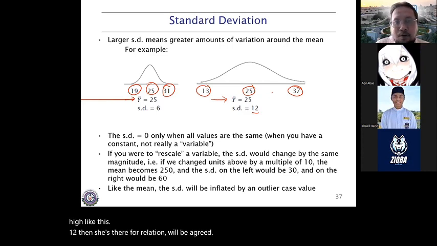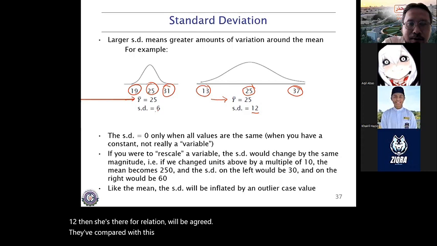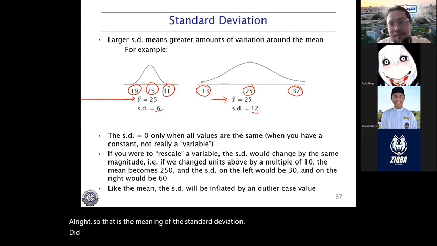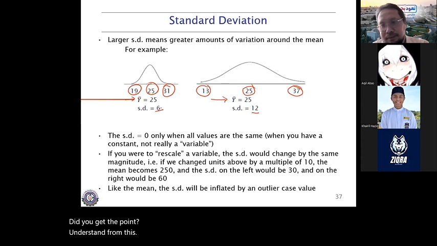Compared with this one, this is a small standard deviation, so the variation, of course, is also small. So that is the meaning of the standard deviation. Did you get the point?